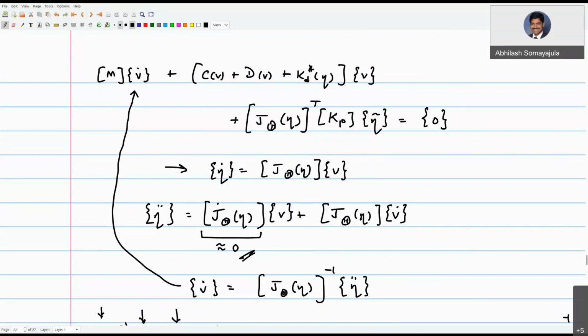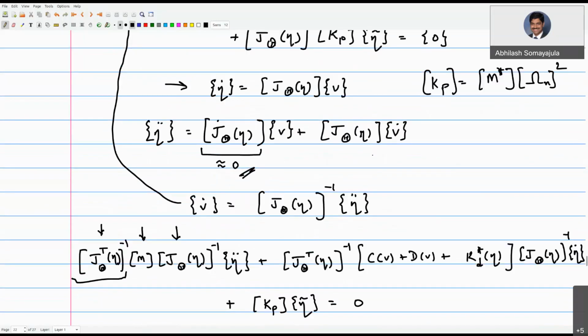Now we are saying that if J dot is relatively small, then our Kp matrix, which is nothing but M star times omega n squared, correct? The only variation, the time varying component, is coming from M star. And we just saw M star is basically J inverse times M times J inverse.